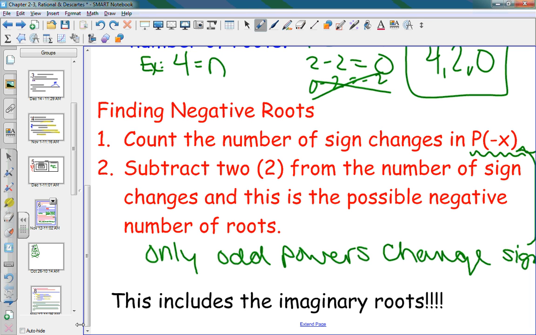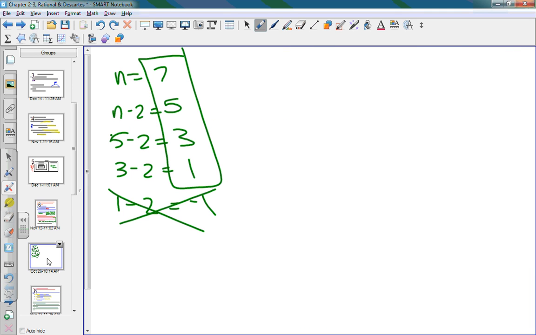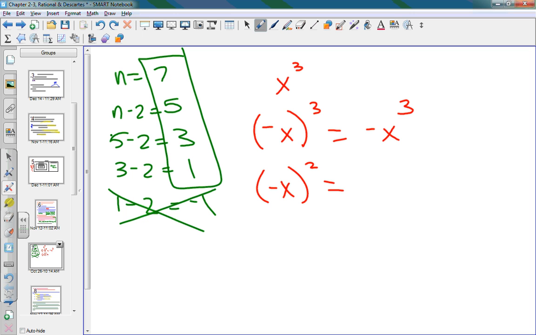However, my question to you is, when you're doing this, if I have x to the third, and I replace that with negative x, what's negative x times negative x times negative x? Negative x cubed. Now what's negative x squared? X squared.